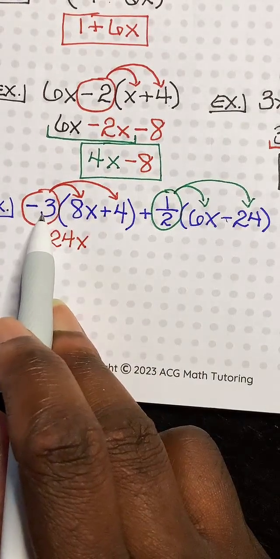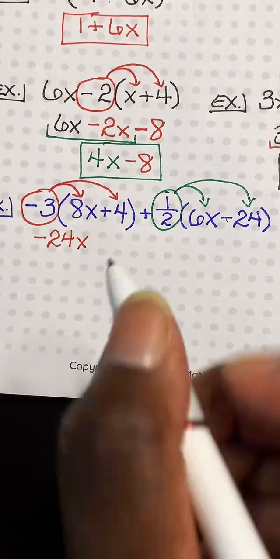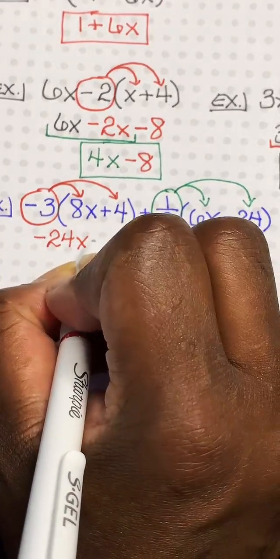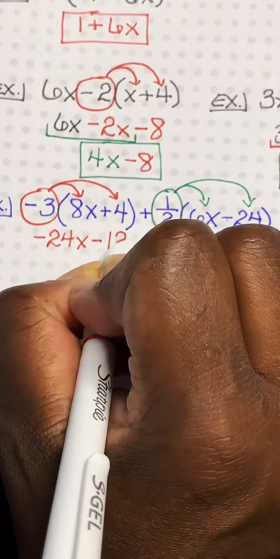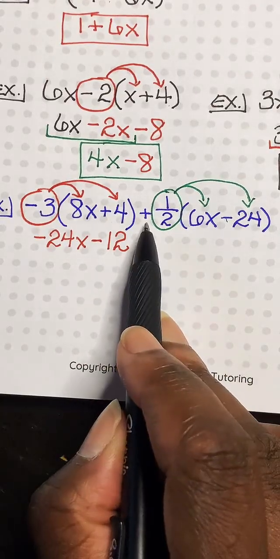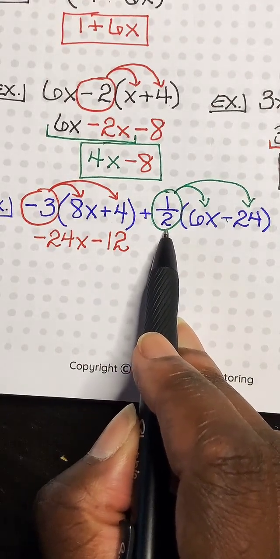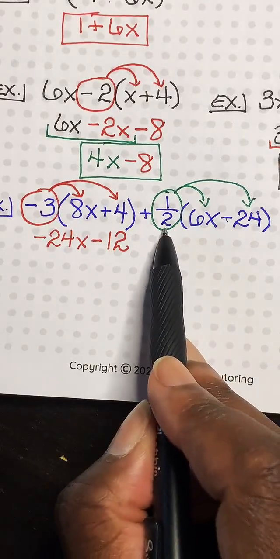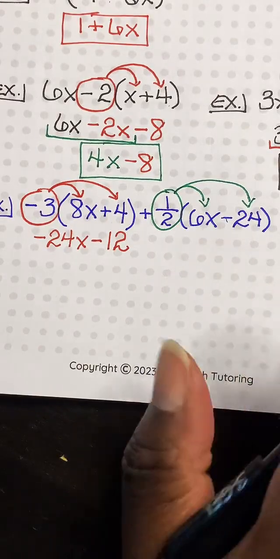Okay, negative 3 times a negative 4, a negative times a positive, that gives me a negative, in this case, negative 12. So we're distributing here a positive 1/2. So half of 6. Just think logically.